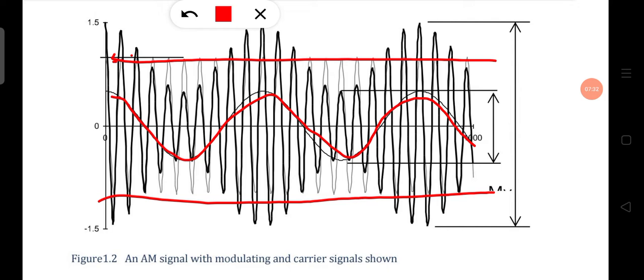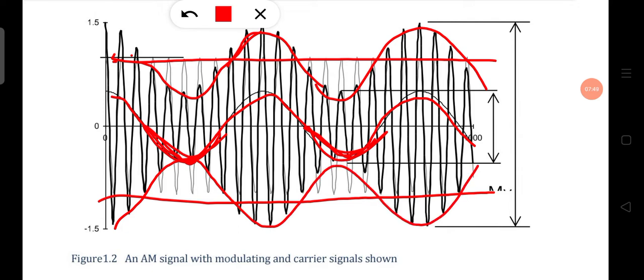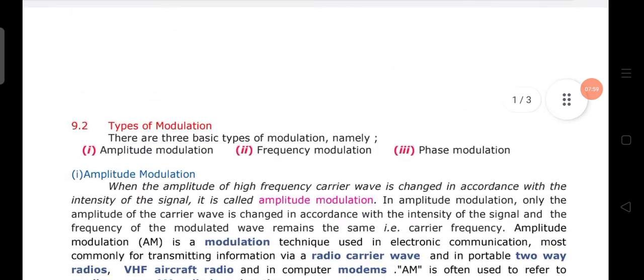At the negative half cycle of the message signal the curve goes down, and at the positive half cycle the curve goes up. So you only remember that in amplitude modulation, the amplitude of the carrier signal is changed in accordance with the amplitude of the message signal.